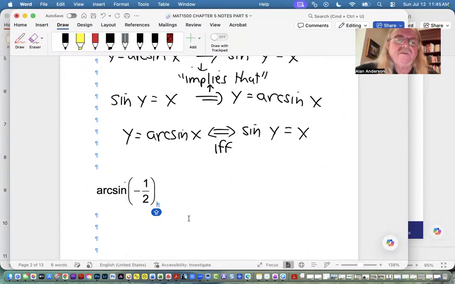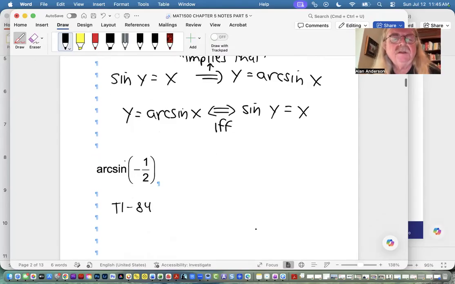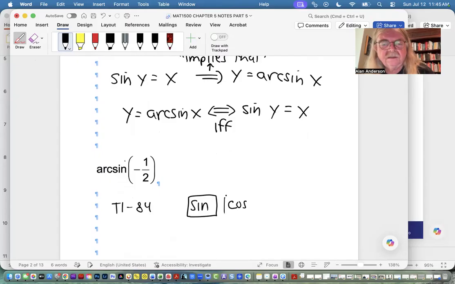On the TI-84, if you notice, there are three buttons, the three trig functions: sine, cosine, and tangent. Directly above them, in tiny little print, this is how you know what the second function is.